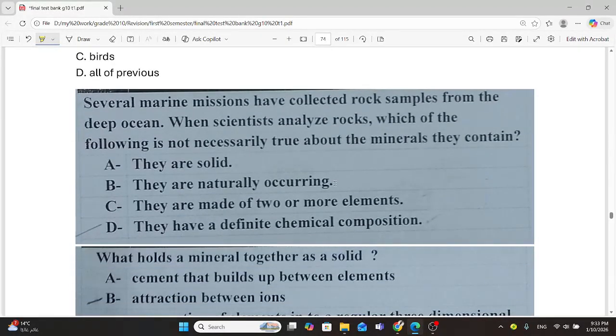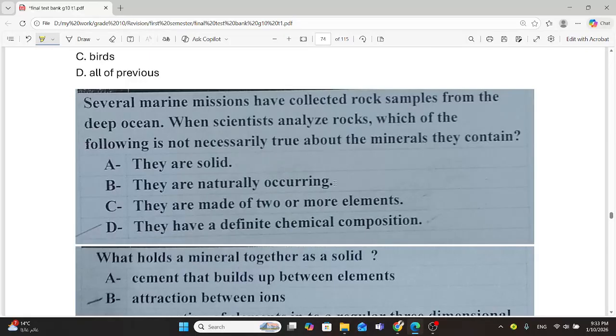Several marine missions have collected rock samples from the deep ocean. When scientists analyze the rocks, which of the following is not necessarily true about the minerals they contain? They are solid, they are naturally occurring, they are made of two or more elements, or they have a definite chemical composition.